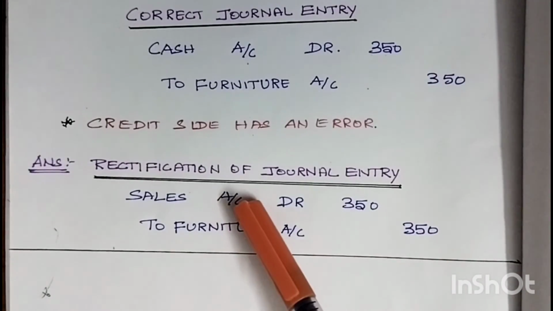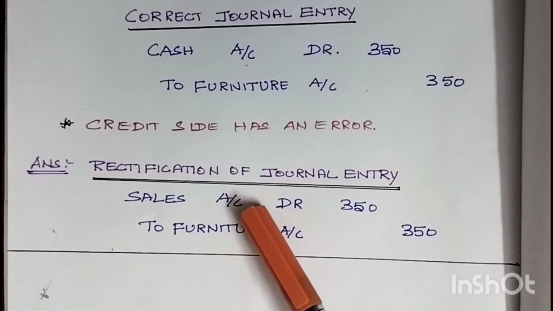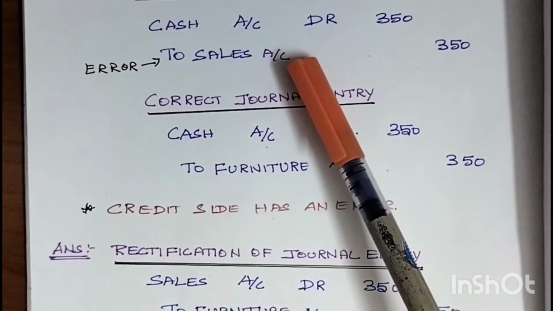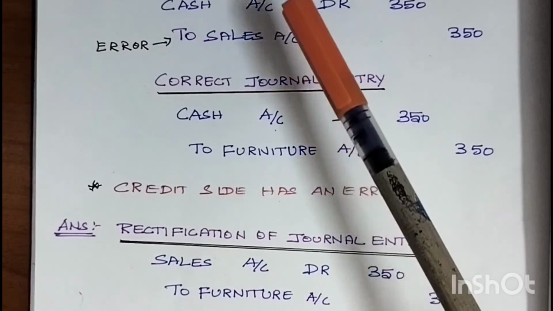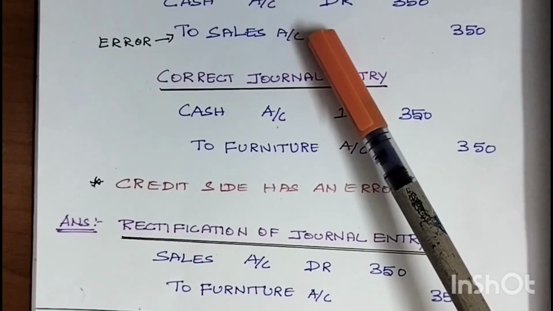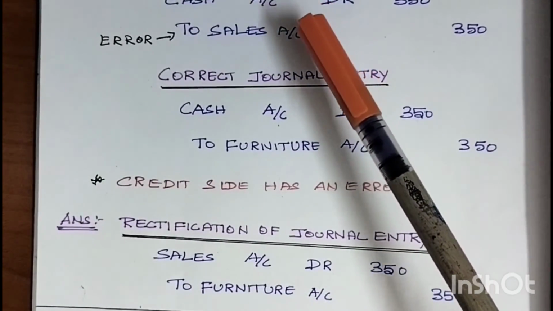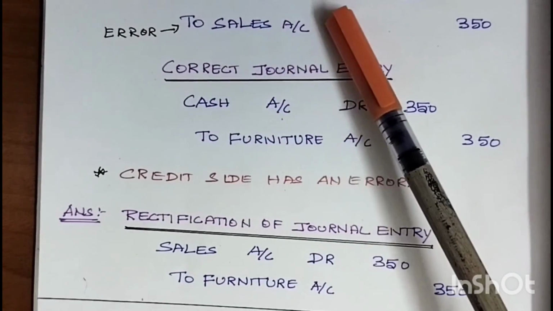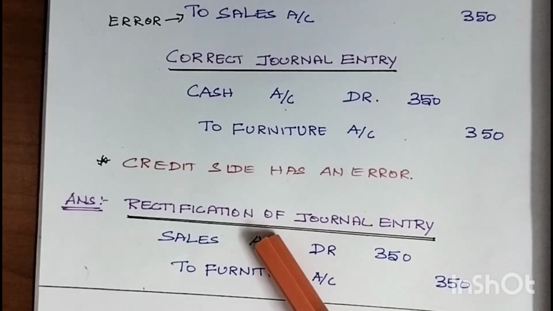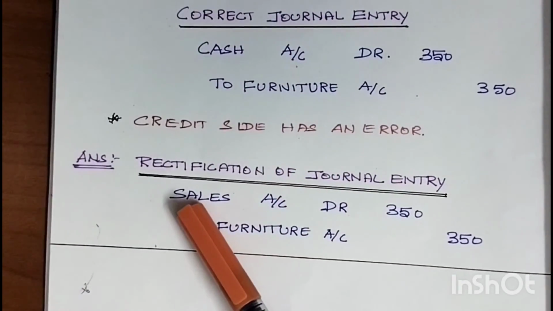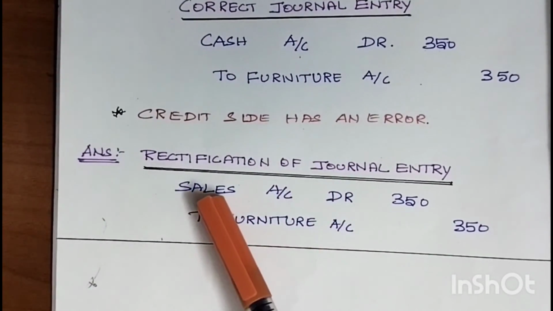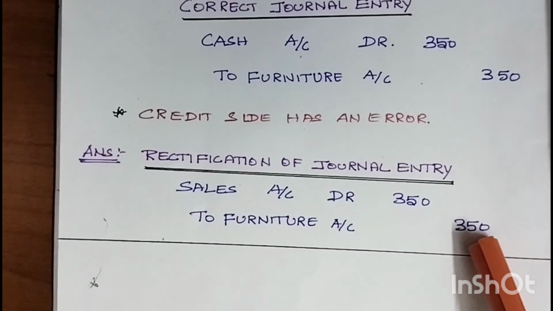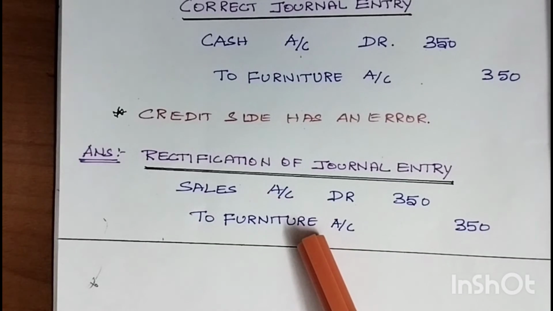Then you enter the error account. Which is the error? The sales account is the error. Which side? It is on the credit side. If you have the error on the credit side, you have to debit it. So you debit the sales account. Sales account debit 350 rupees to furniture account 350 rupees. Now we have rectified the error.